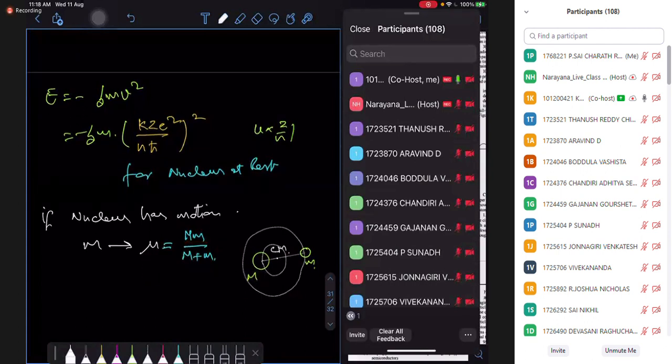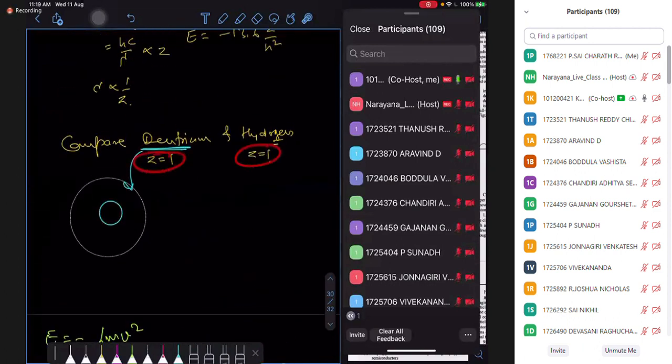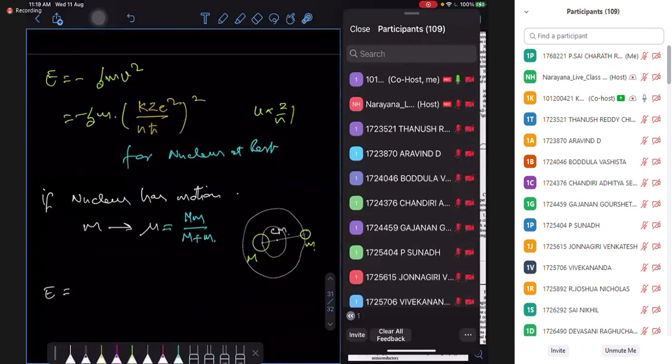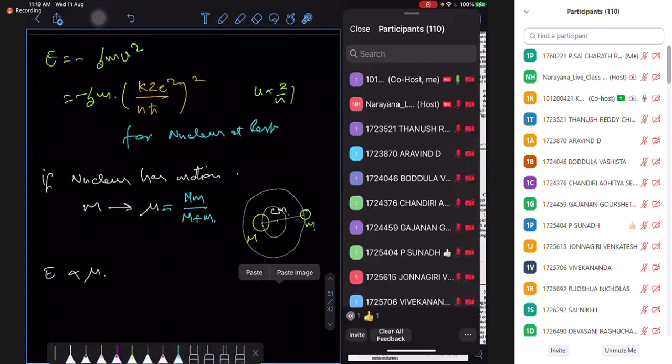Now if you go to our basic formula here, my formula is depending upon the mass along with the Z. So deuterium and hydrogen have the same value of Z, but they don't have the same reduced mass. My energy is depending upon my reduced mass, and the reduced mass depends upon the mass of the nucleus, right? Who has more reduced mass?